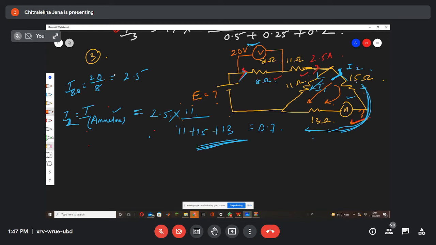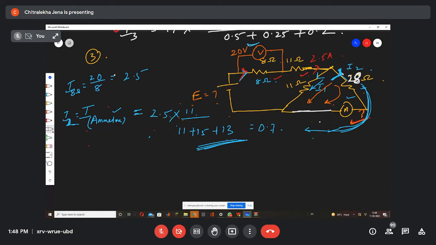Suppose I have confused you, I will just drop this one. I will tell this as two resistances connected in series. I will write here 15 plus 13 means how much? 28, right? I will write it as 28 ohm. Is my circuit wrong? Tell me.